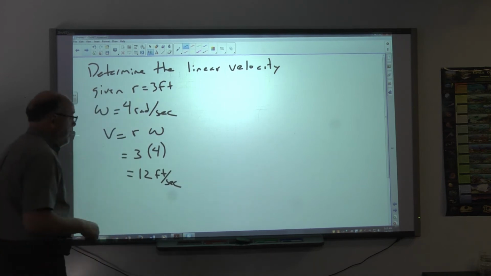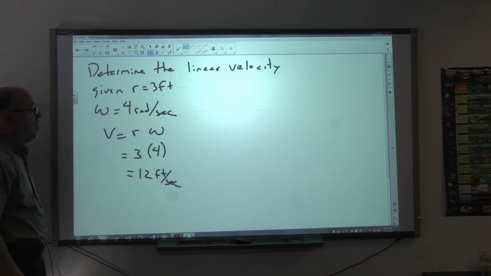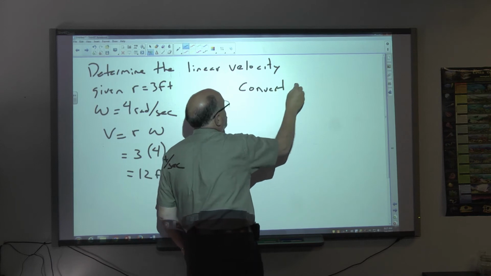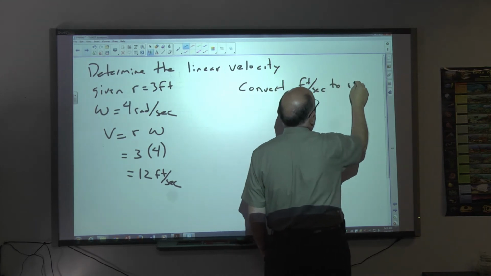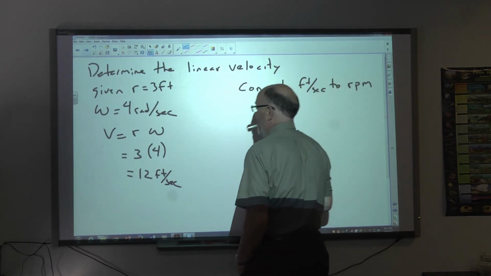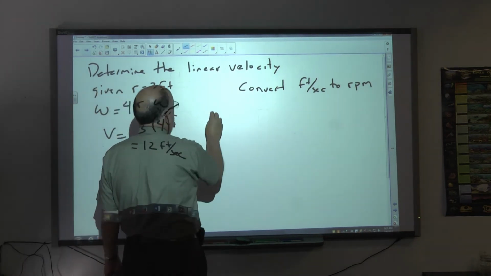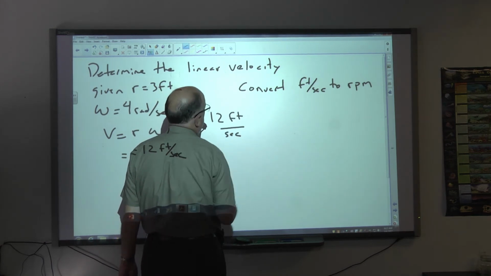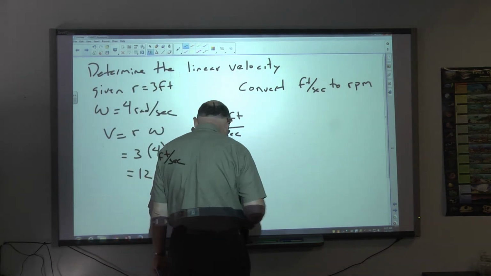Okay. So we get 12 feet per second, but then let's say I want to know what this is in terms of RPMs, revolutions per minute. So I want to convert our feet per second into RPMs, revolutions per minute, right? So let's go through that conversion. So we have 12 feet per second. We know that there are 60 seconds in a minute.